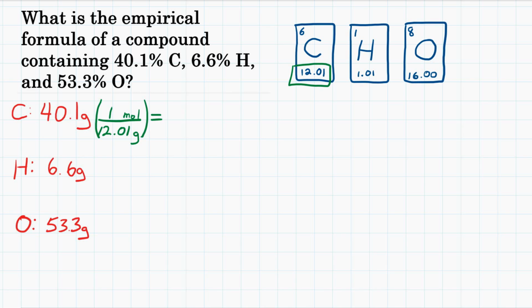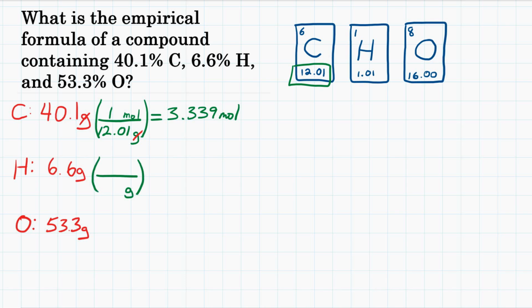When we solve our math here, the math being 40.1 times 1 divided by 12.01, we get 3.339 moles of carbon. Grams cancel out. We're left with moles.